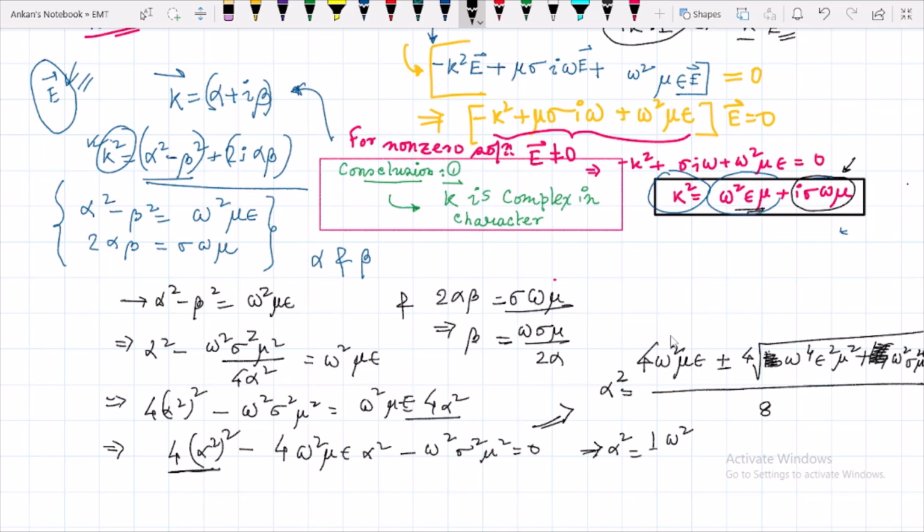Take half outside the bracket, so omega square mu epsilon plus minus 2, and take omega square epsilon mu as common outside the square root, so we can take common of this term, and in the square root we are able to obtain sigma by omega epsilon whole square.